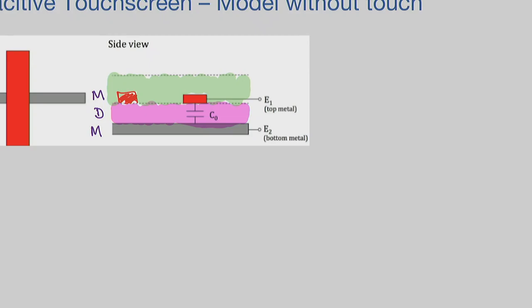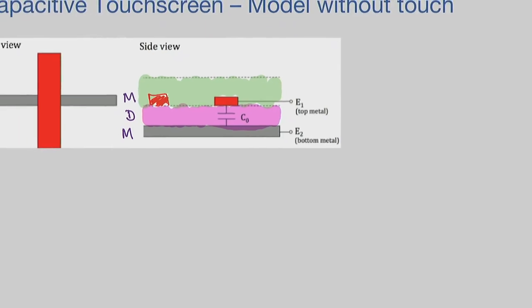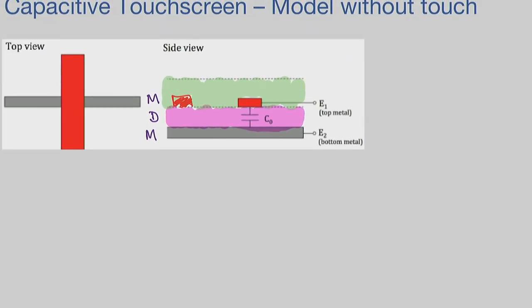If you had to look at the top view, I'm looking here at the top red metal that we deposited to form more pixels. So you would have that metal going in one direction, the lower metal going the other direction, such that they cross.